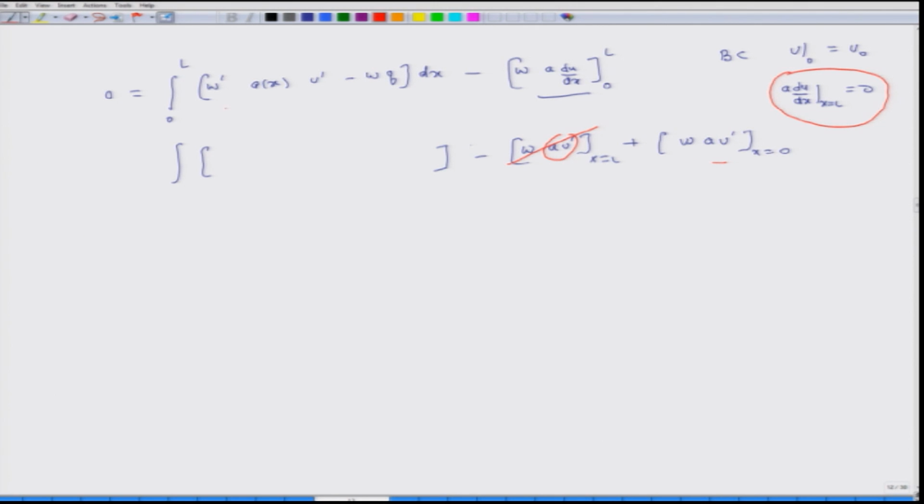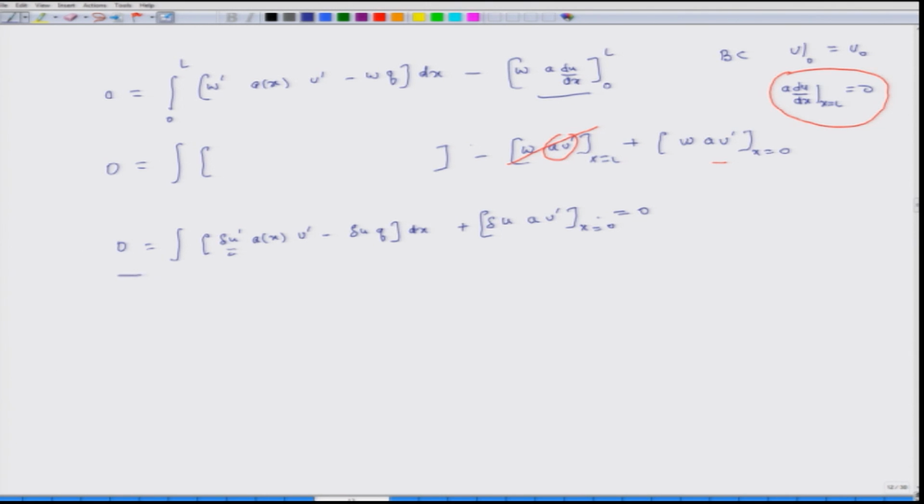Now, if I replace w by variation, then I get this equation, where w is represented by a variation in w.